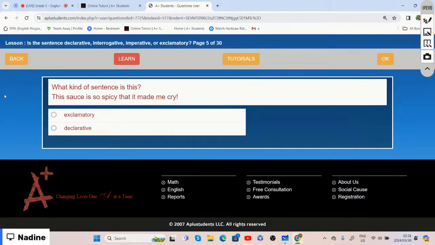All right. What kind of sentence is this? This sauce is so spicy that it made me cry. Is this an exclamatory sentence or declarative sentence?